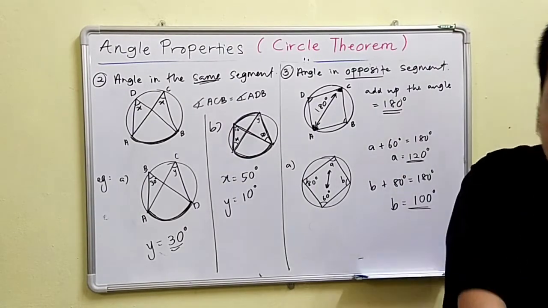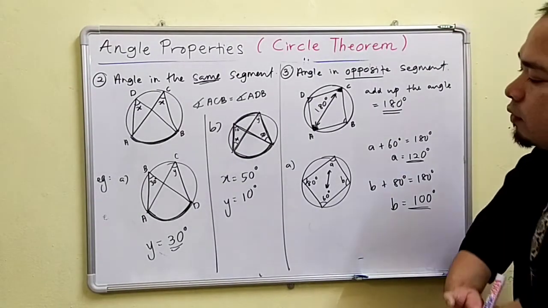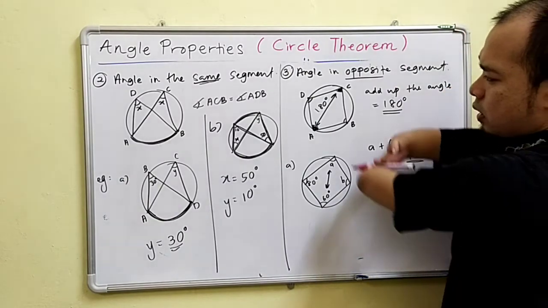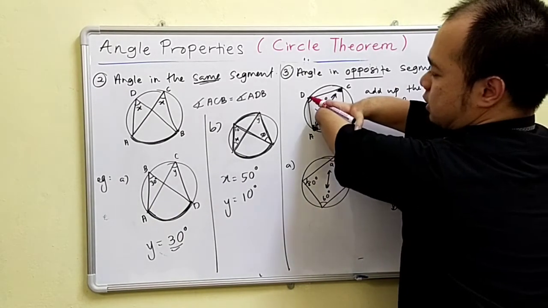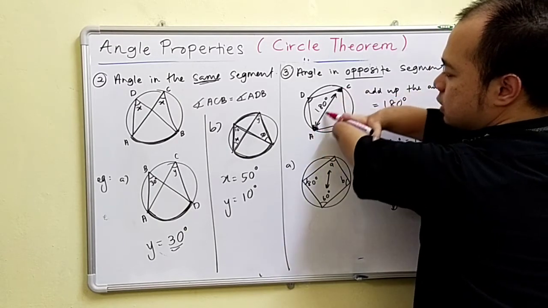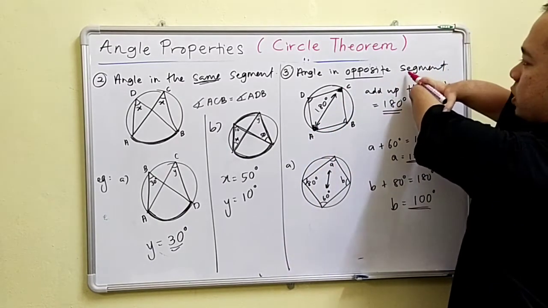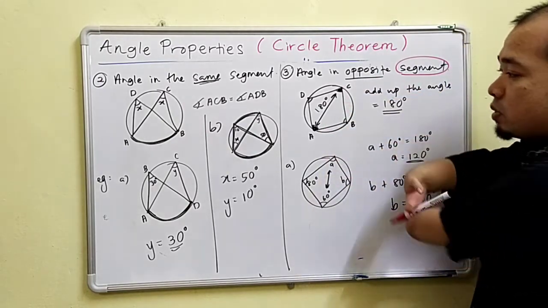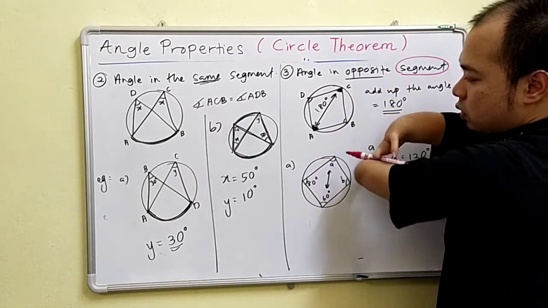Some students are confused when it says the angle in opposite segment. They have confusion about which segment they are talking about. Look over here. It says that angle A and angle C are opposite, but over here it mentions opposite segment, not opposite angle. Where is the segment? This is the segment. Look carefully, okay?